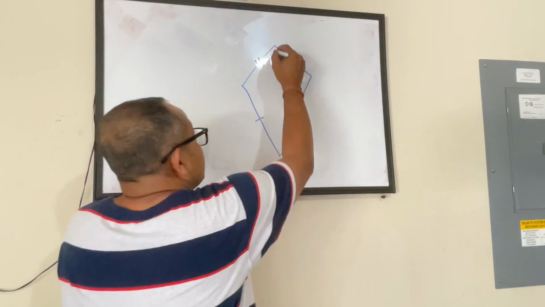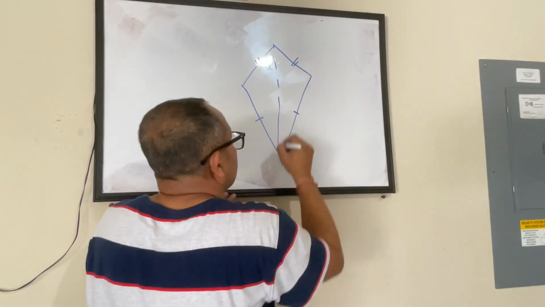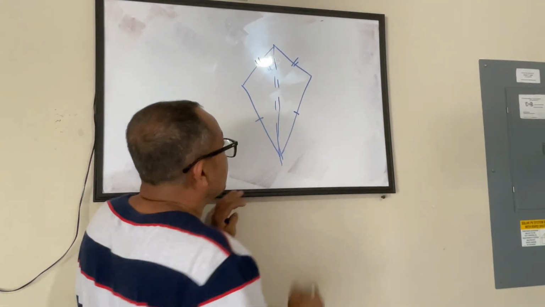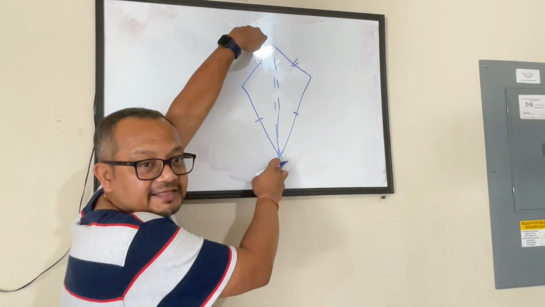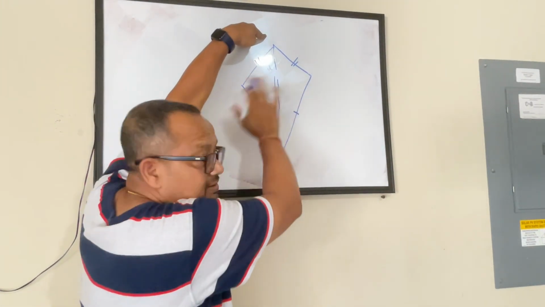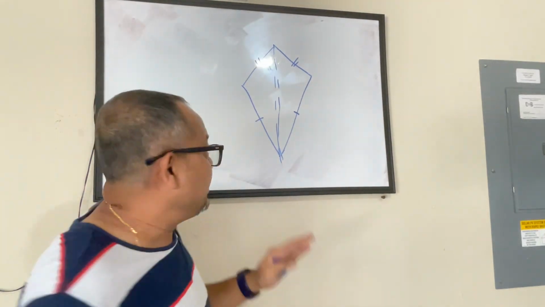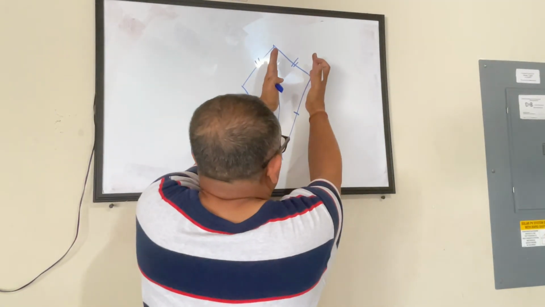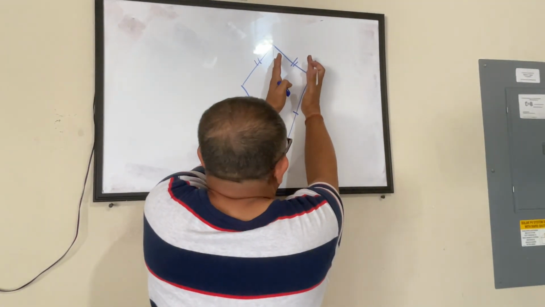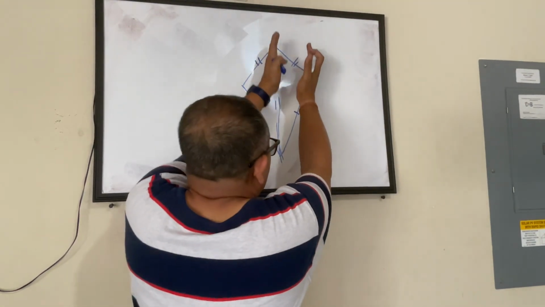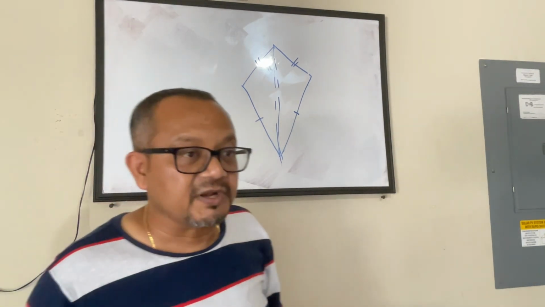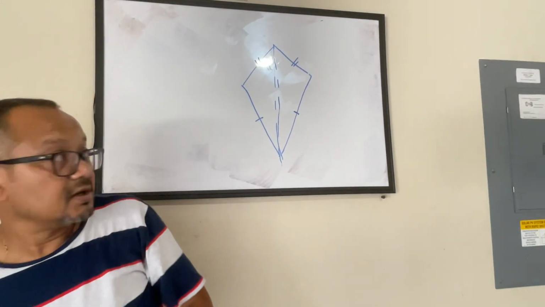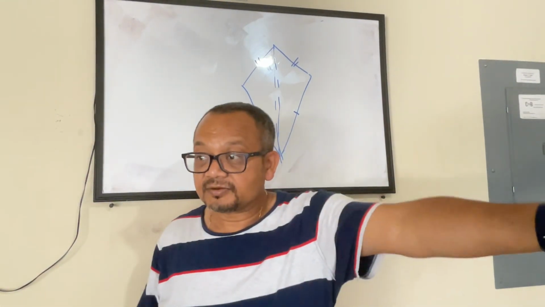And the line that joins the two opposite vertices divides it in a symmetric way, meaning it divides it equally. So this part of the kite will be the same as this area. That's the only property we need to know.